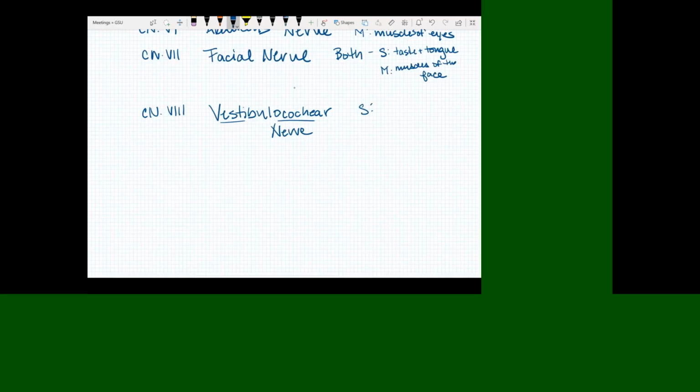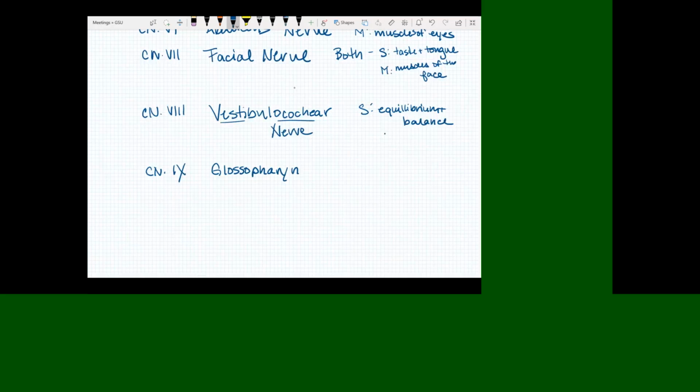So the vestibulocochlear sensory information will be processing equilibrium and it will be processing balance. So how you are hearing things as well as the ability to process your own balance in space and your equilibrium.